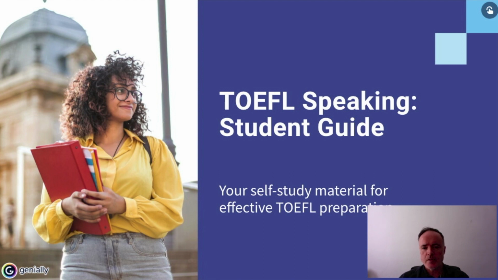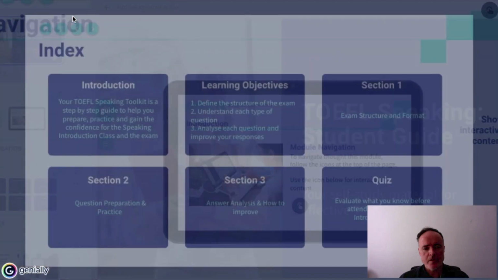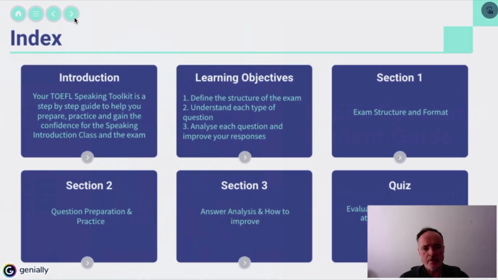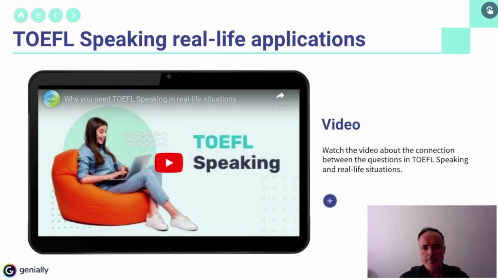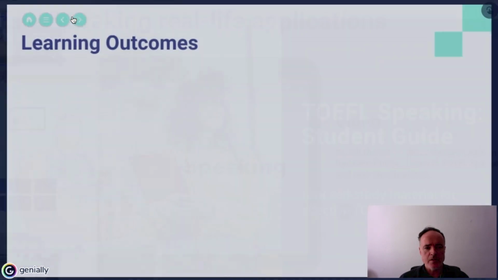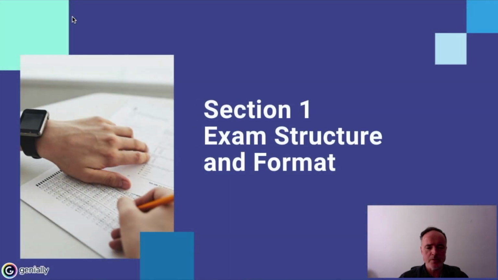The document itself has about 55 slides. It's got some very nice navigation, very clear organization. One of the things that I really like about Genially is the subtle control of information to influence the learner experience. For example, we can jump into this first section here.